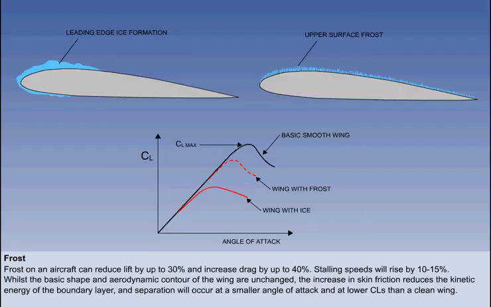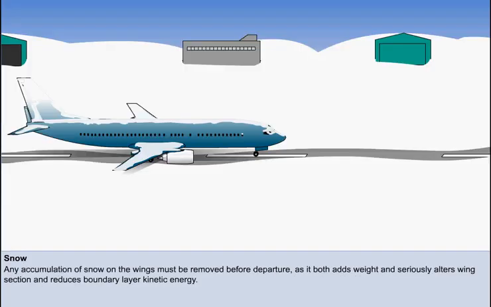Whilst the basic shape and aerodynamic contour of the wing are unchanged, the increase in skin friction reduces the kinetic energy of the boundary layer, and separation will occur at a smaller angle of attack and at lower CLs than a clean wing. The effect of snow can be similar to frost in that it will increase surface roughness.